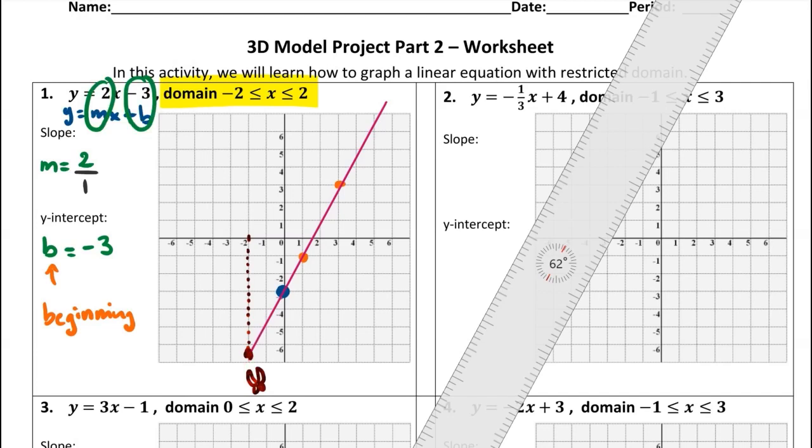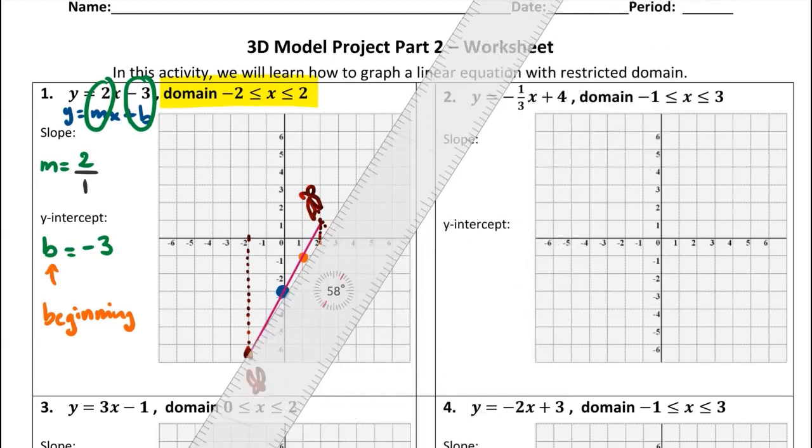And then when x is +2, again pretend there's a scissors and we cut it right there. Anything else past that point, we don't need.